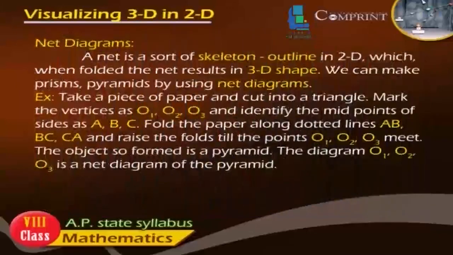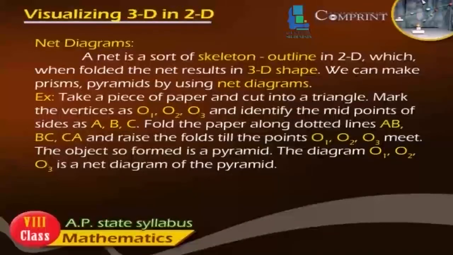Net diagrams. A net is a sort of skeleton outline in 2D, which when folded results in a 3D shape. We can make prisms, pyramids by using net diagrams. Example. Take a piece of paper and cut into a triangle.